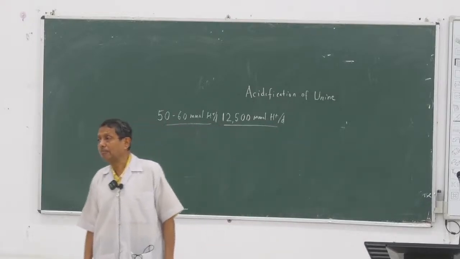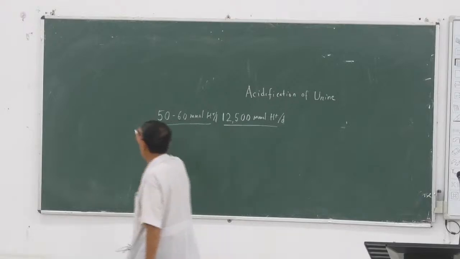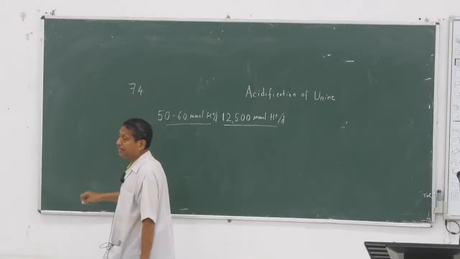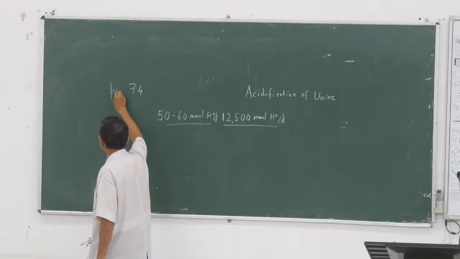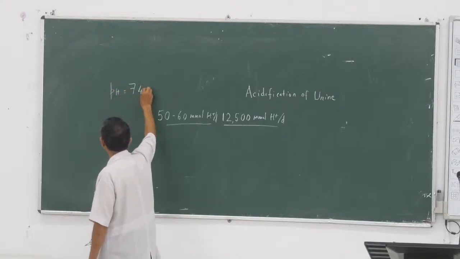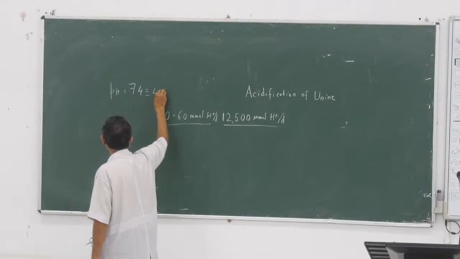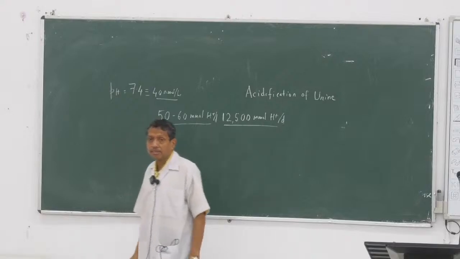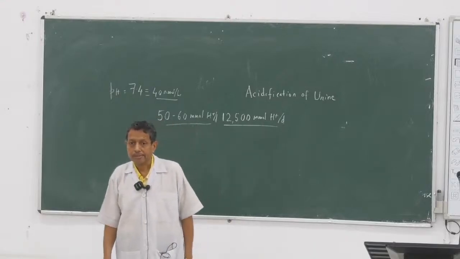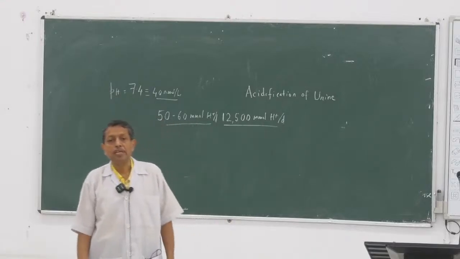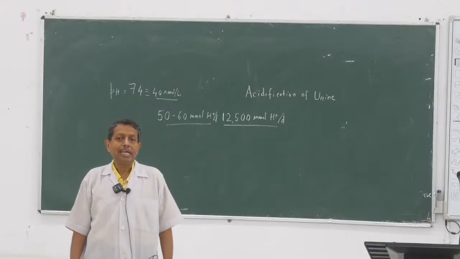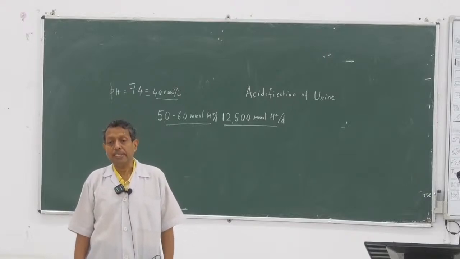pH of arterial plasma is 7.4. Nanomole per liter. From the pH value, nanomole per liter can be calculated by the formula antilog of 9 minus pH.